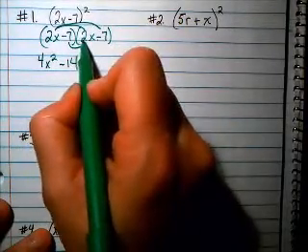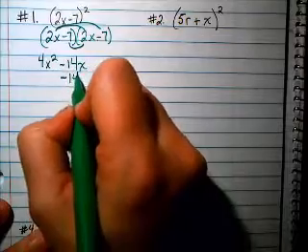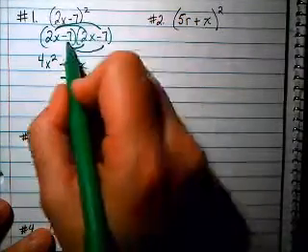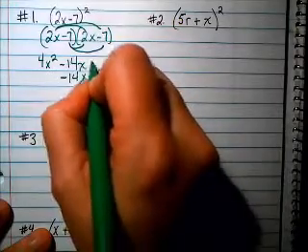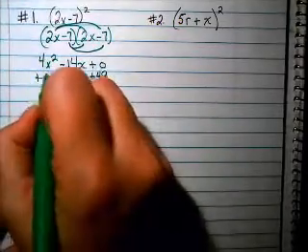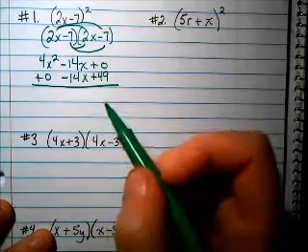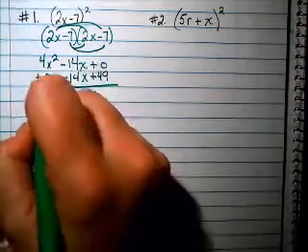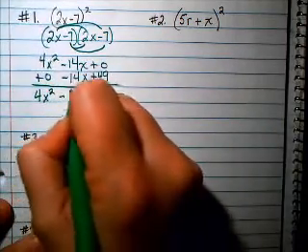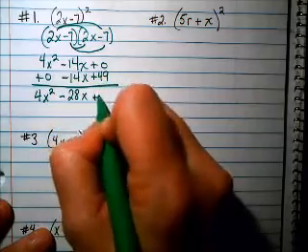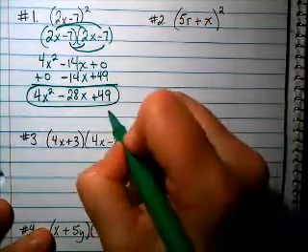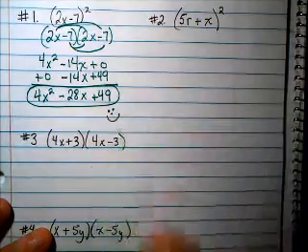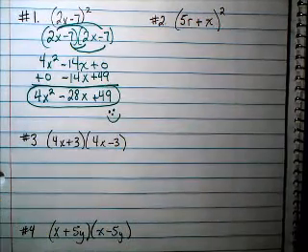Negative 7 times 2x is negative 14x, and negative 7 times a negative 7 is a positive 49. I'm going to add zeros for my placeholders and bring my answer down. 4x squared minus 28x plus 49 is your answer. If you got that right, give yourself a smiley face. If not, correct it.